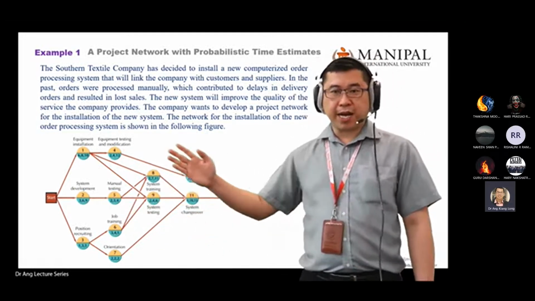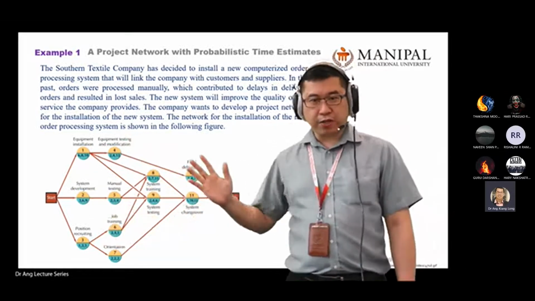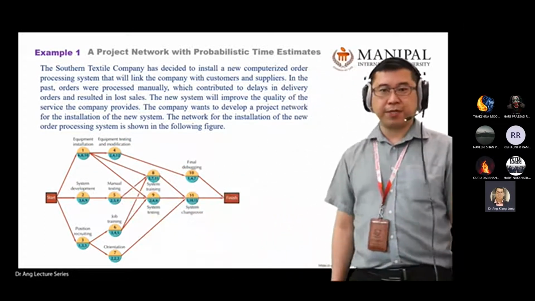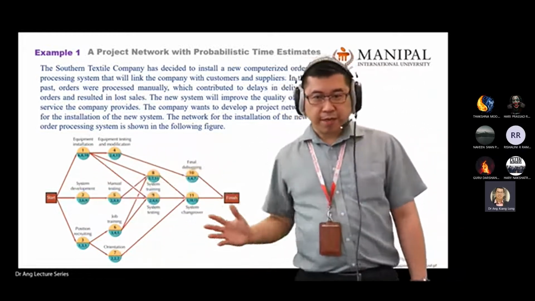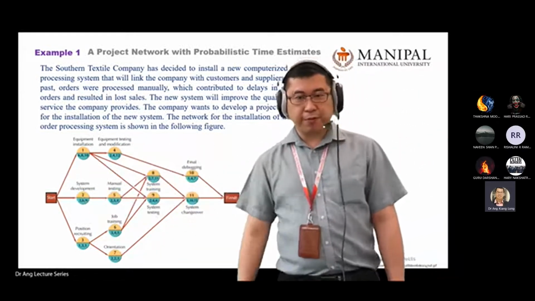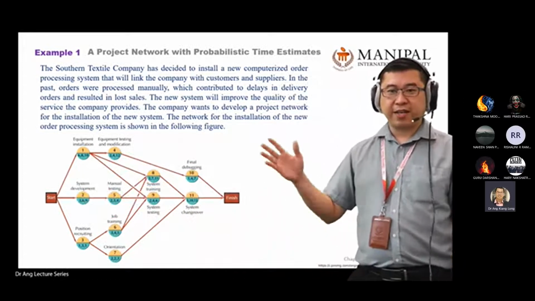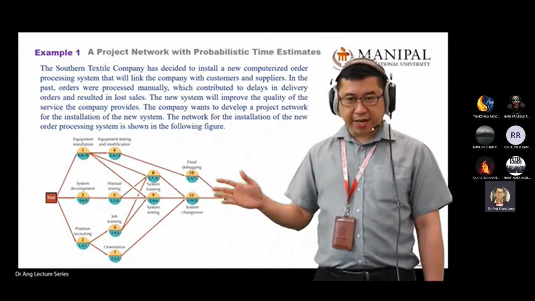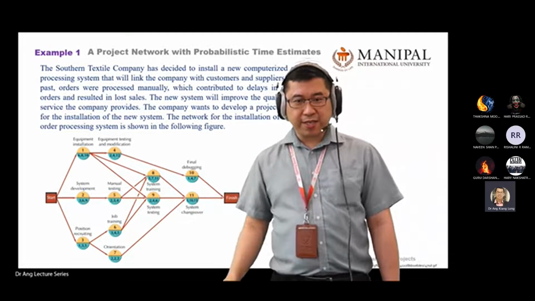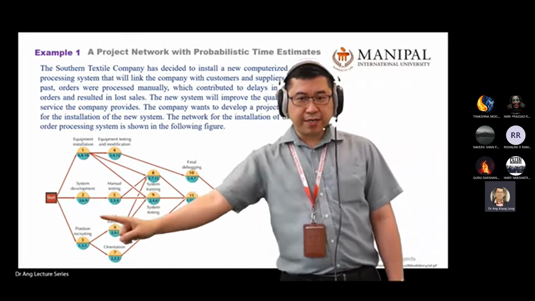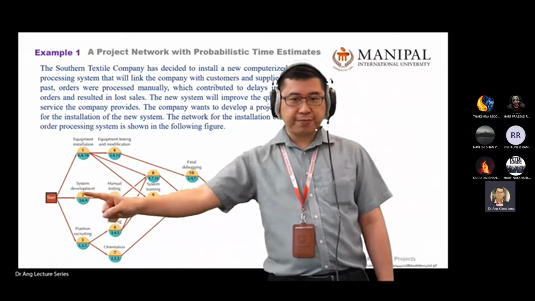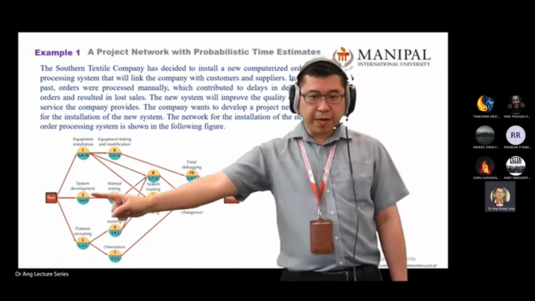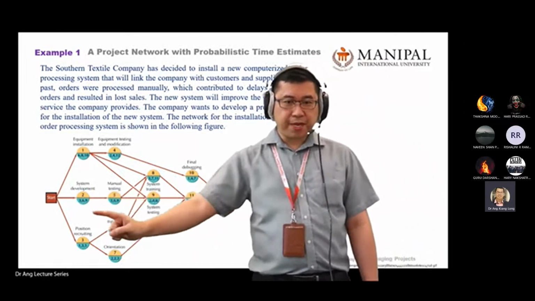The one that you see here is a network of a new order processing system. This is a network done by you and your team that you proposed to the top management. This is the diagram that you should be familiar with, the AON network. You see from the start to finish the bubbles, with the bubble on the top and at the bottom.